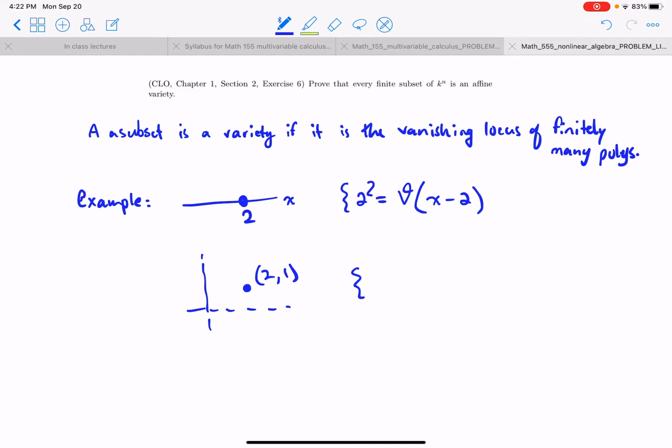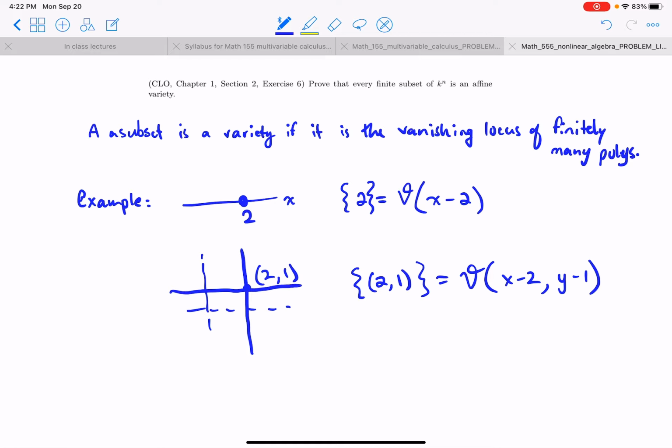So the set with the element 2, 1 is obviously a finite subset, it's just one point in the set, and it's equal to the vanishing set of the polynomials x minus 2, y minus 1. So it's where both of these are required to be 0. That only occurs at the point 2, 1. You can think about this as the intersection of these two lines, the vertical and horizontal lines.